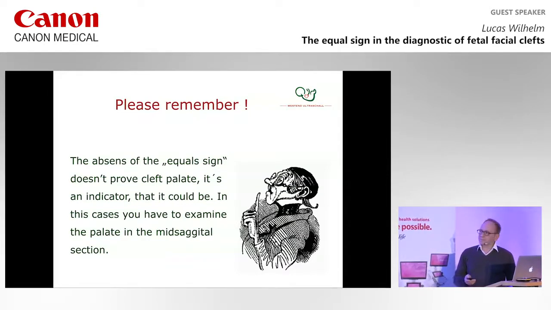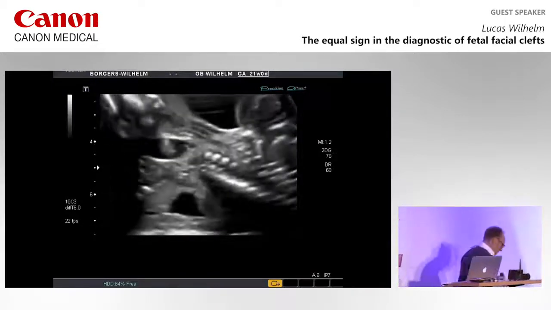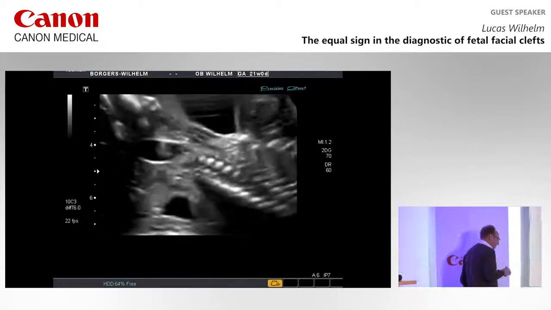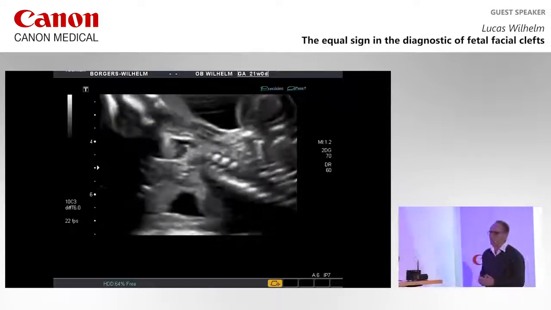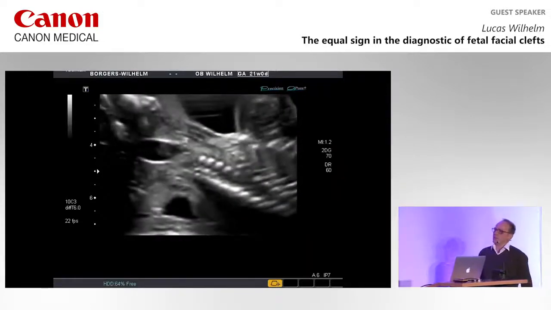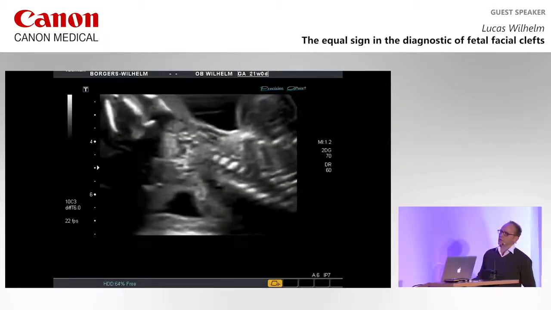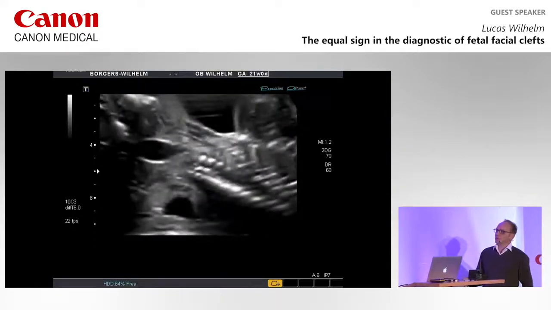I'm too fast. So I want to show you here some examples. This was a fetus. It was a completely unremarkable fetus. I found nothing, no other defects. And you see here, I'm searching the coronal section through the pharynx, and I search here for the uvula. You see here the tongue.